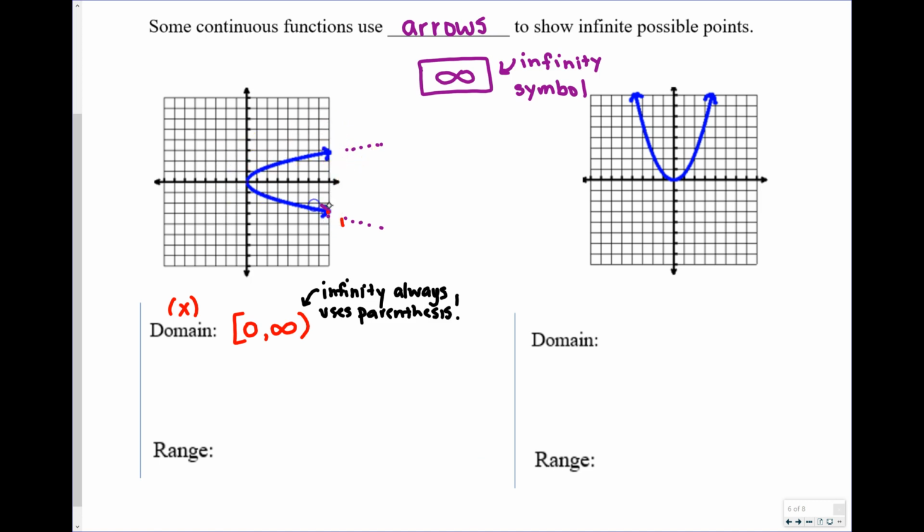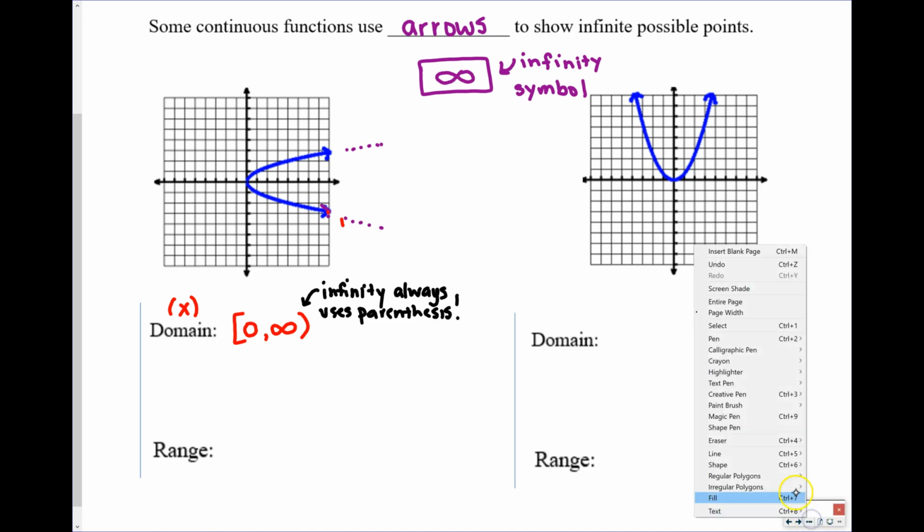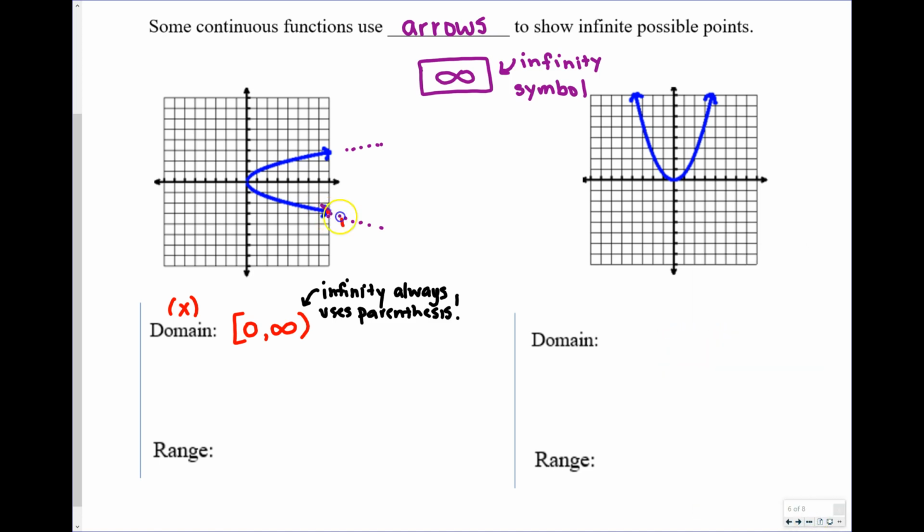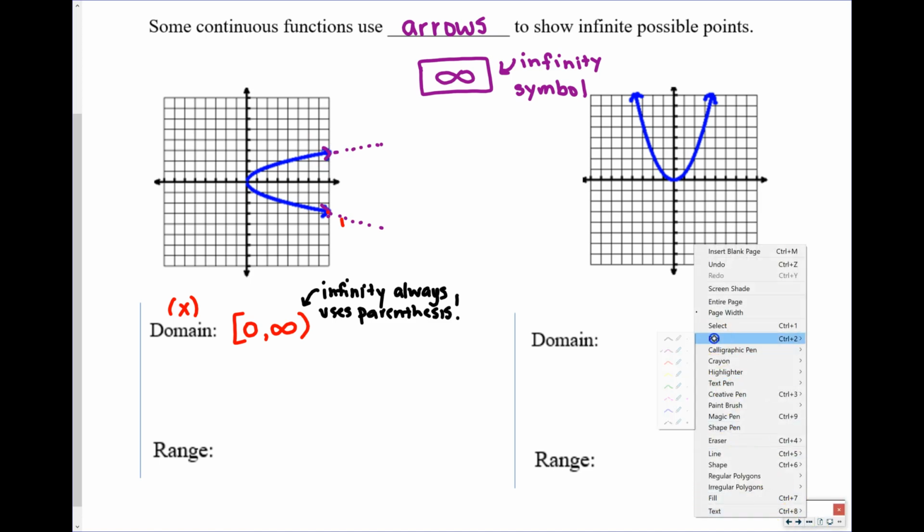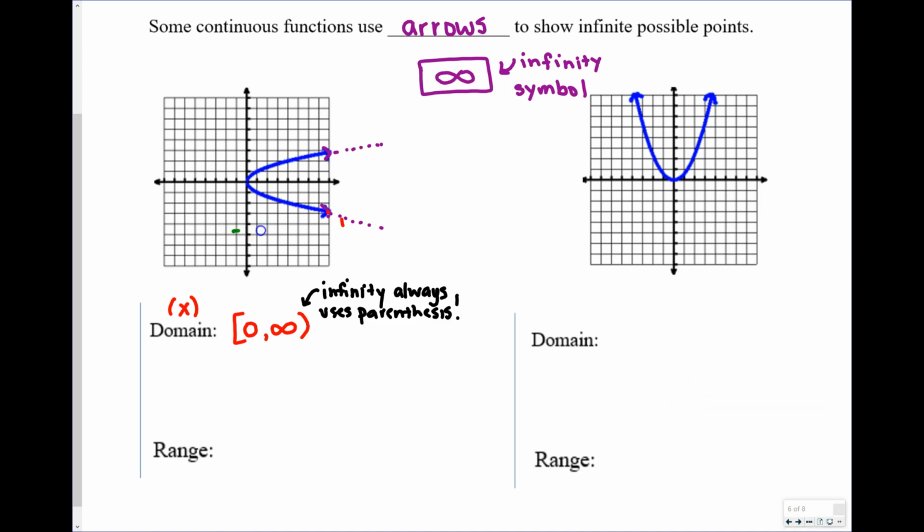So what does this mean in terms of range? Well, let's go ahead and talk about, remember, range goes from the bottom all the way to the top. So the bottom point on this graph kind of looks like this again where that arrow stops. However, the y values are going to keep going farther and farther down.